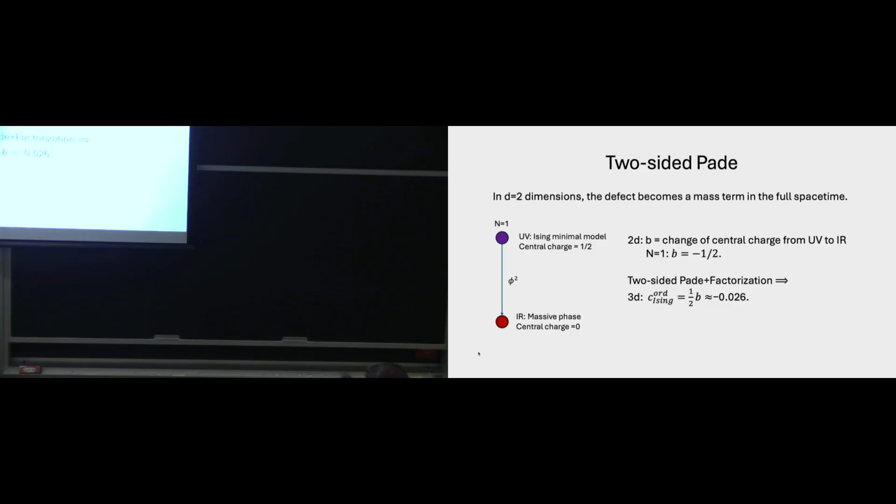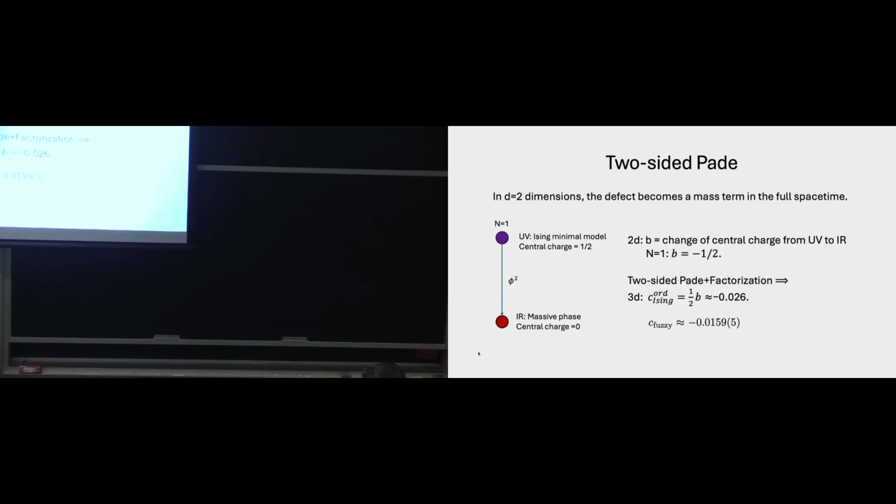And we can do Padé, and based on the factorization, we know that the boundary central charge should be half of the defect central charge, and we get this number, which is almost twice the Fidelity sphere result. So we did two independent calculations, and both of them are almost twice the Fidelity sphere result.